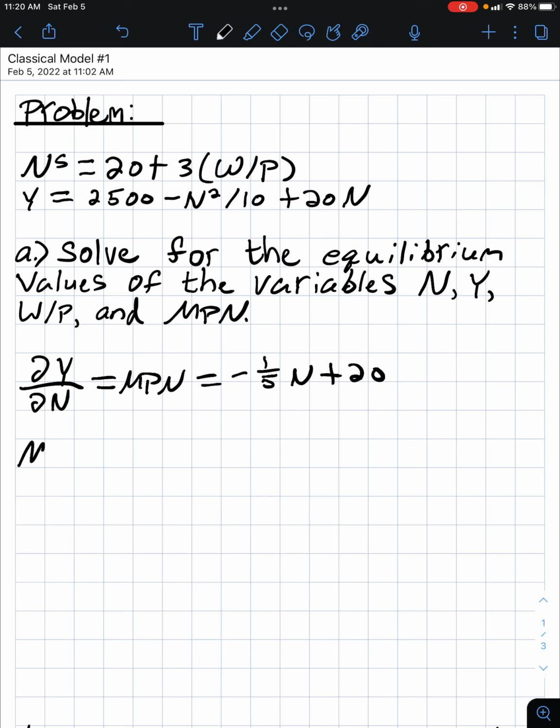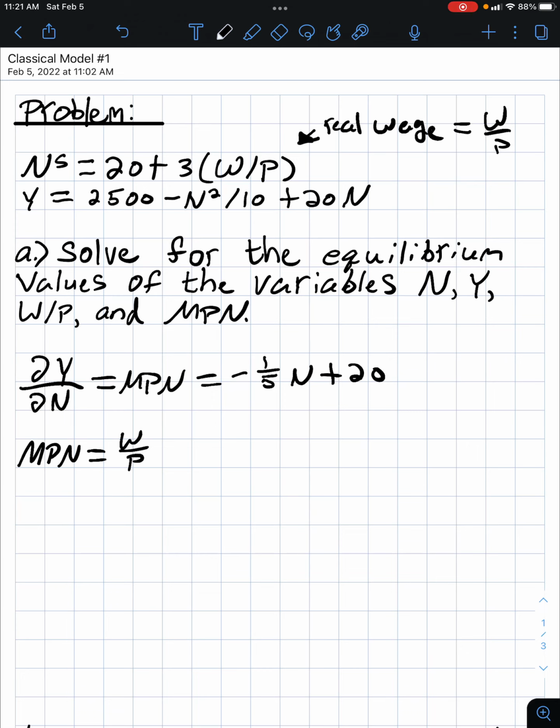And our marginal product of labor in the classical model is going to be equal to real wage, or W over P. So W over P is real wage. So this is real wage. And that's going to be equal to W over P. And our marginal product of labor is equal to that.